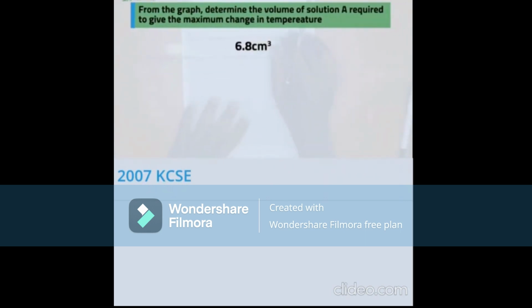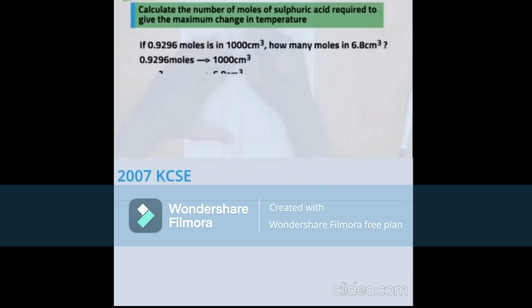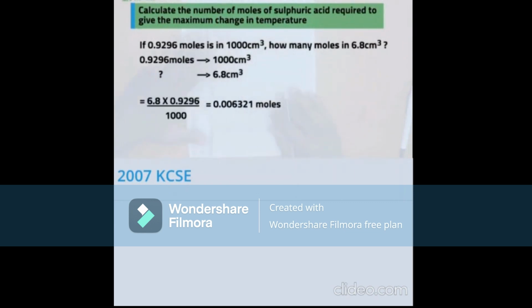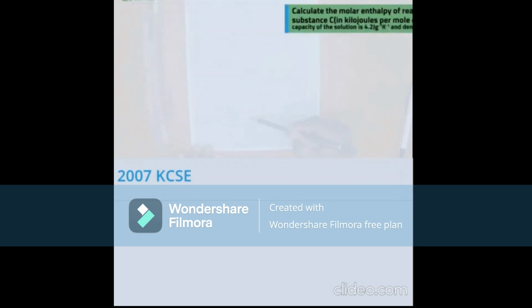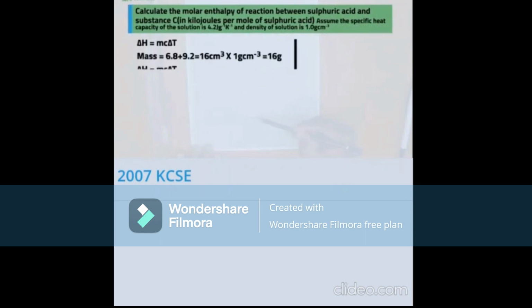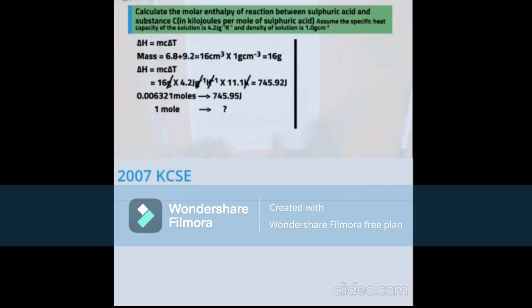Now we shall use the volume to get the moles, molarity. This will be equal to 1000. What about 6.8? Cross multiply, you will get 0.6 there. Now change of heat will be mass times specific heat capacity times change in temperature. That is very simple. You insert the values and get the actual change.